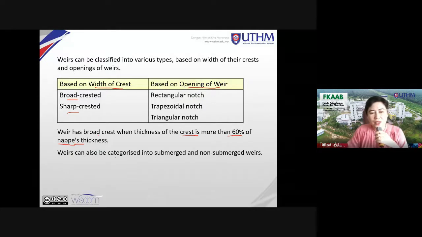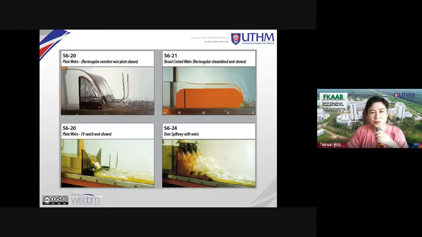A weir can also be categorized as submerged or non-submerged. Submerged means it is being inundated. For example, like the broad crested case, right? Or non-submerged, that means it is not being inundated. The whole weir is not being inundated. This is not submerged. This is submerged.